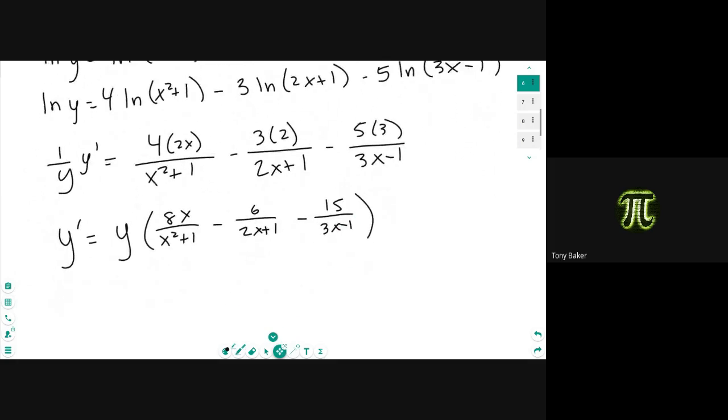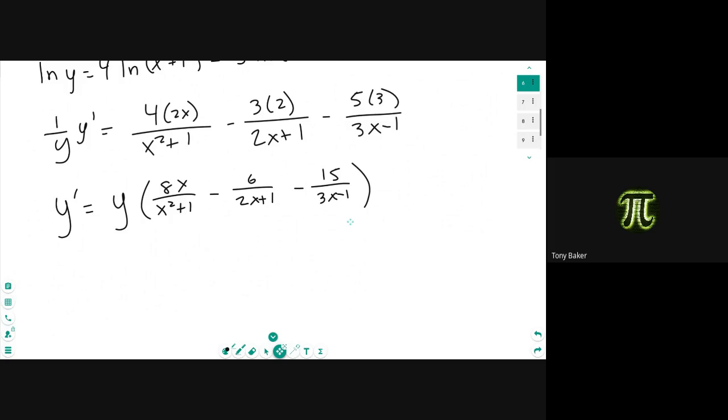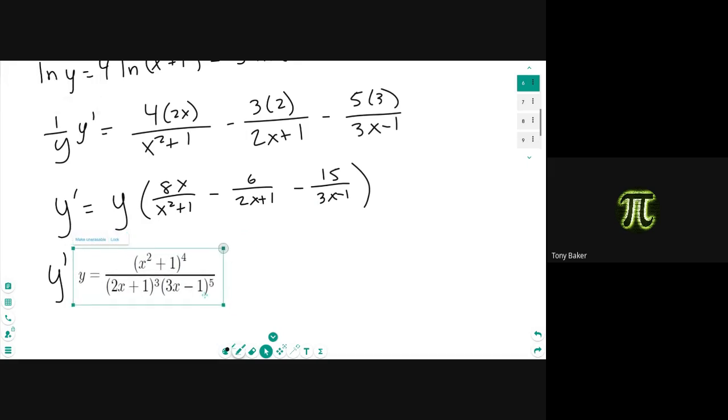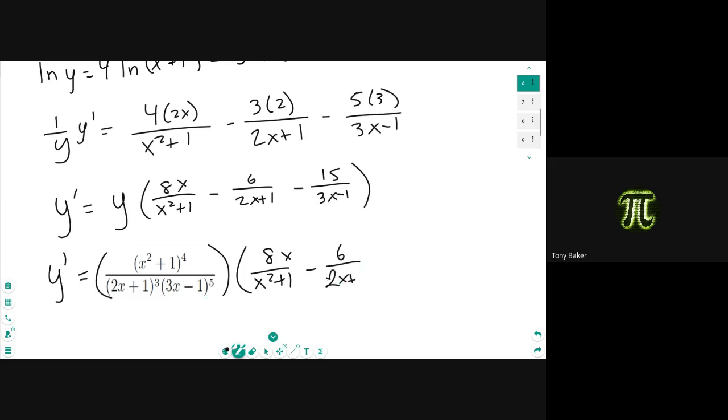The only thing we have to do is replace the y. And this one is fine. You wouldn't have to break this one down any further. You could get it to look like the other one, but yeah.